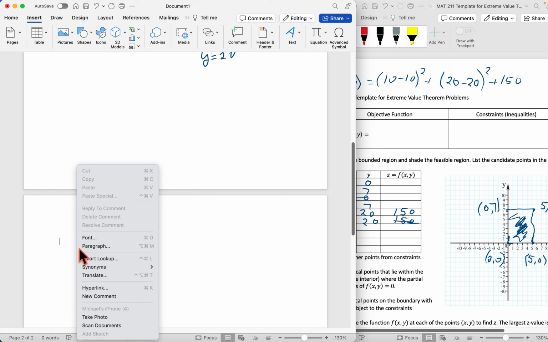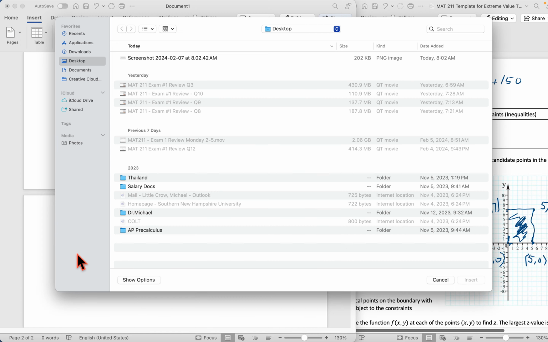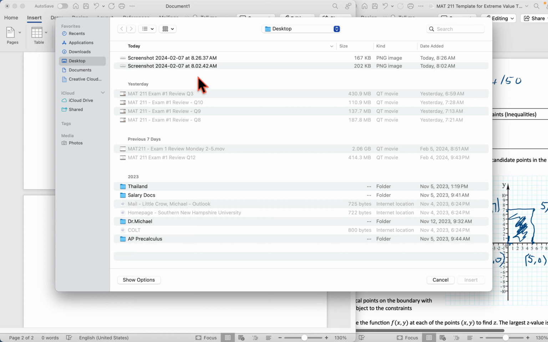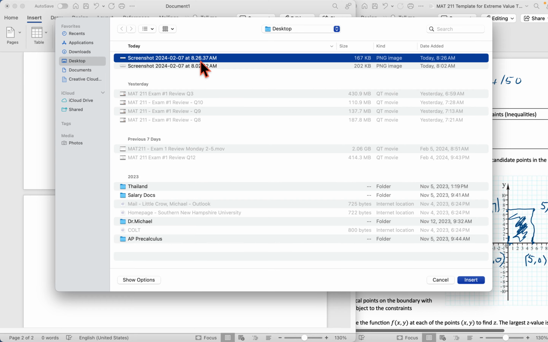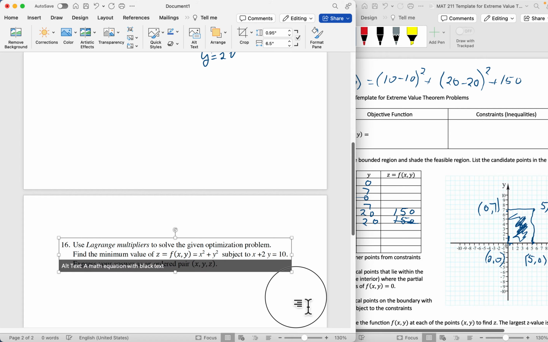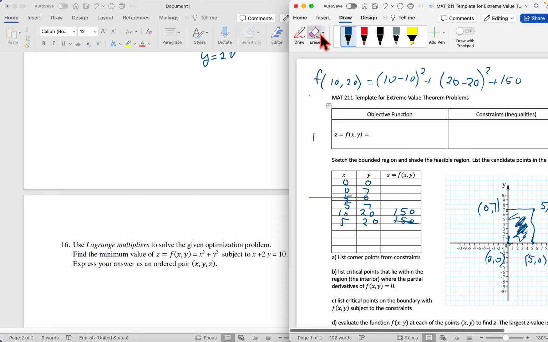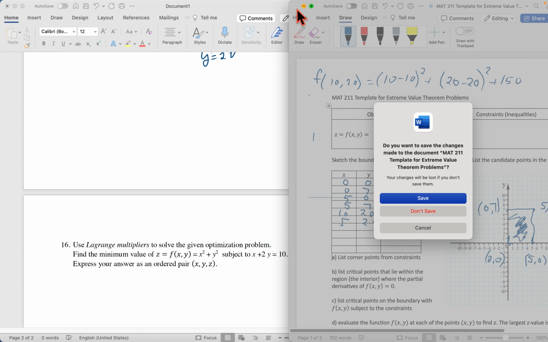That's what I feel. Exams should be something that shouldn't be too much of a surprise. It's the Lagrange multipliers. I'll go ahead and just read this.